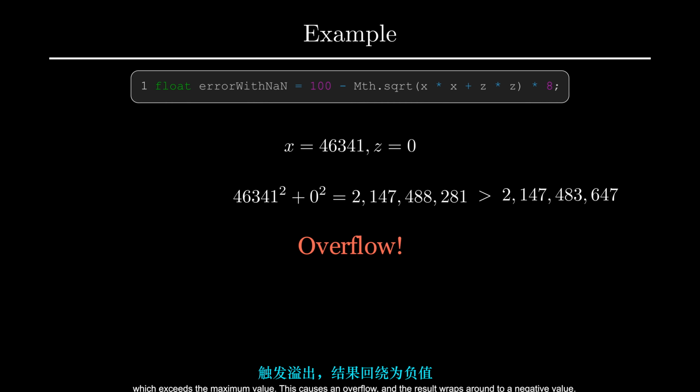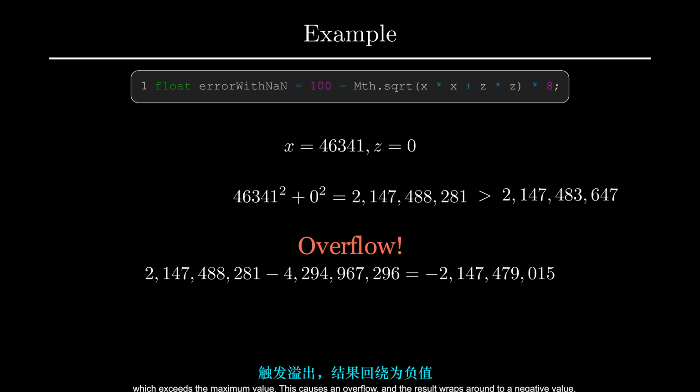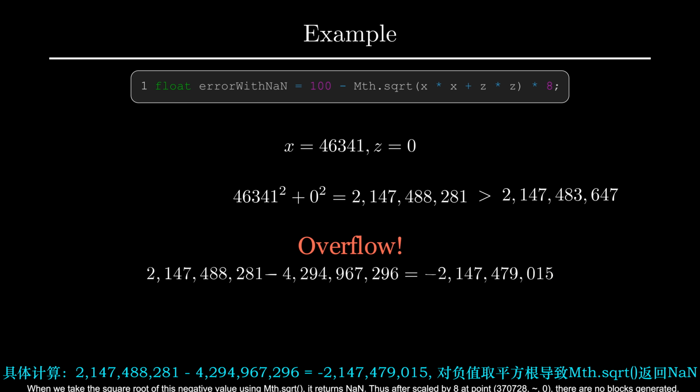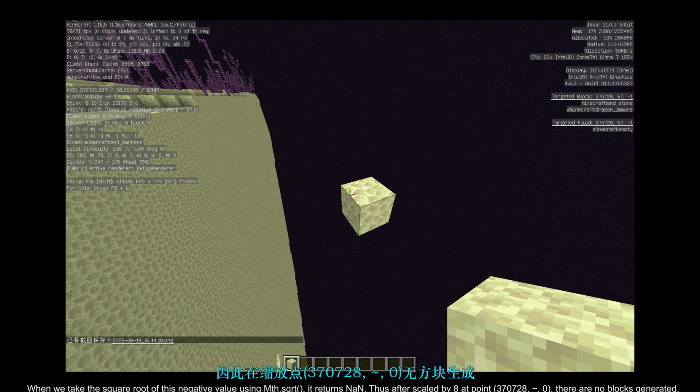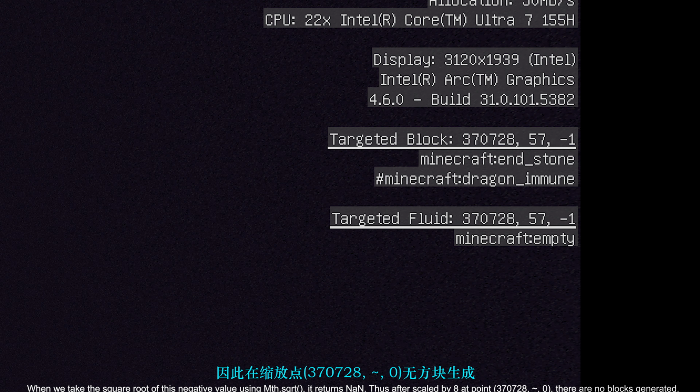This causes an overflow and the result wraps around to a negative value. And when we take the square root of this negative value using Math.sqrt, it returns not a number. Thus, after scaling by 8, at point 370,728, y 0, there are no blocks generated.